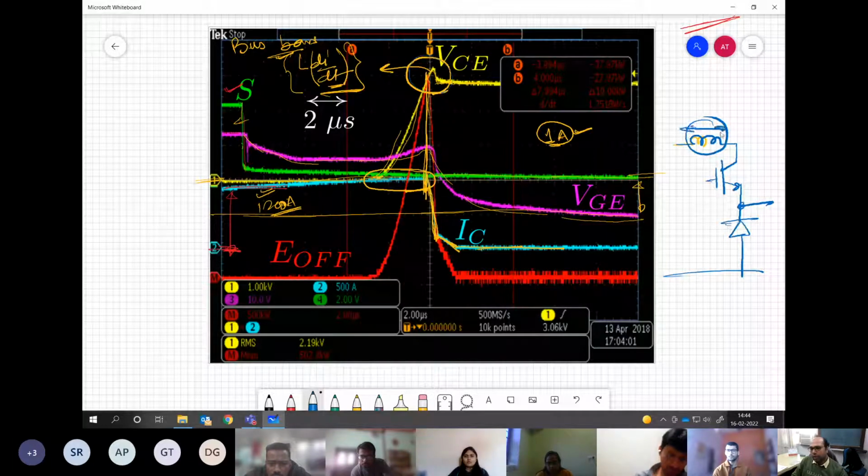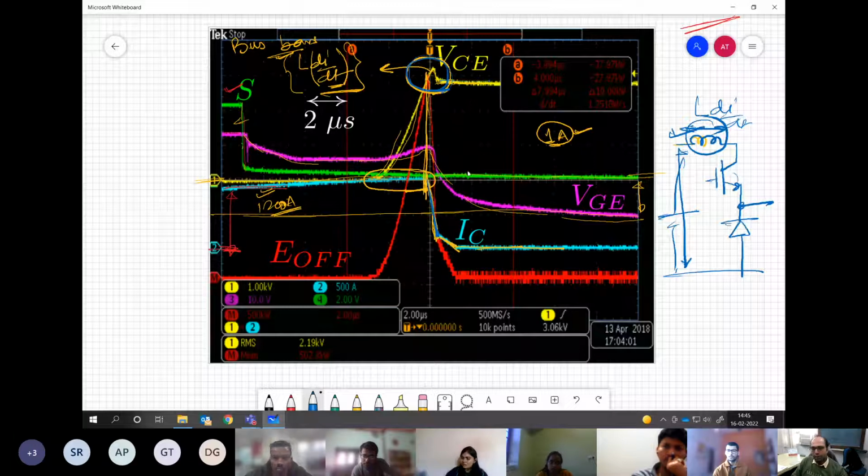So the total voltage across the device is whatever it is going to block, plus this L di/dt, which comes on account of this inductance and the fall in current. These two give additional overshoot on the voltage VC, and then it settles.